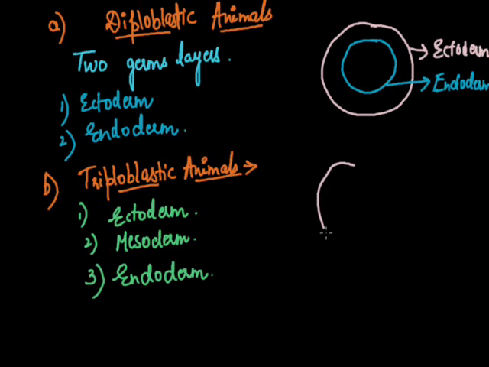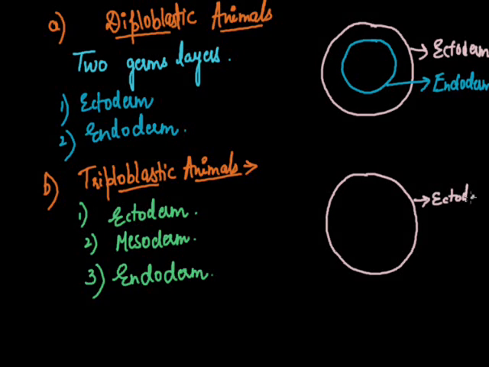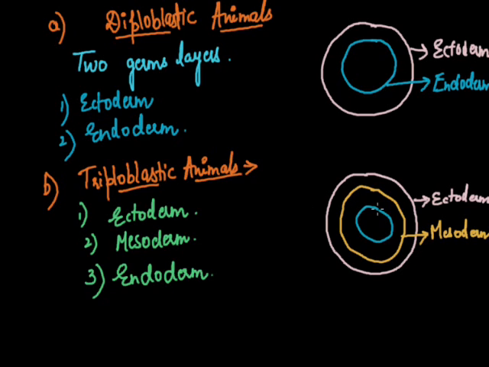Let's see the diagram. This is the outermost ectoderm. Then the new layer in the middle is mesoderm, and the innermost is endoderm.